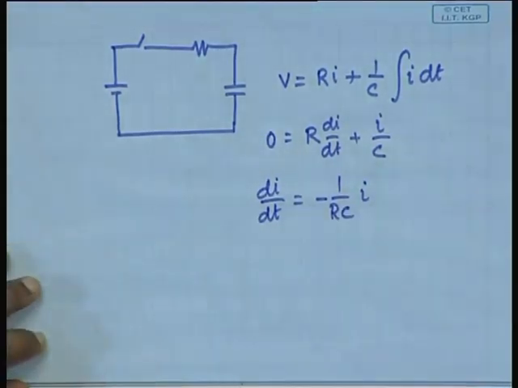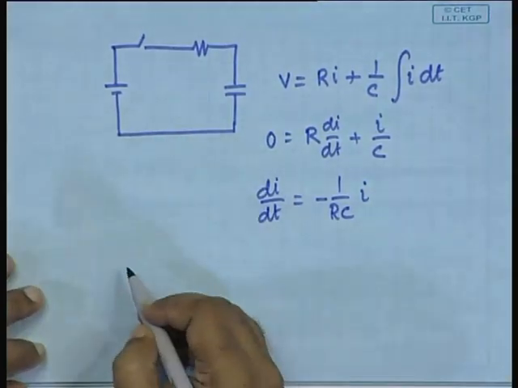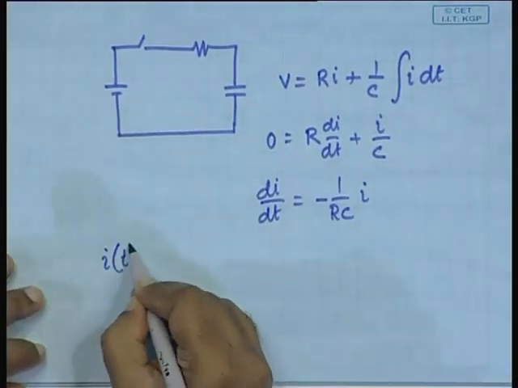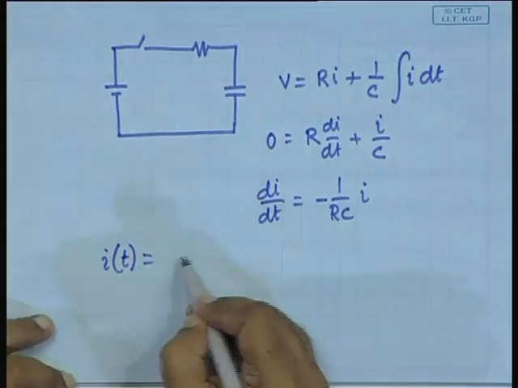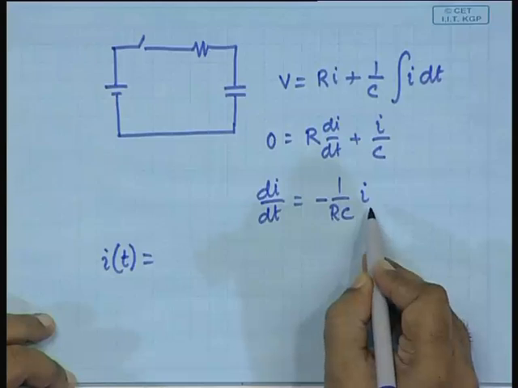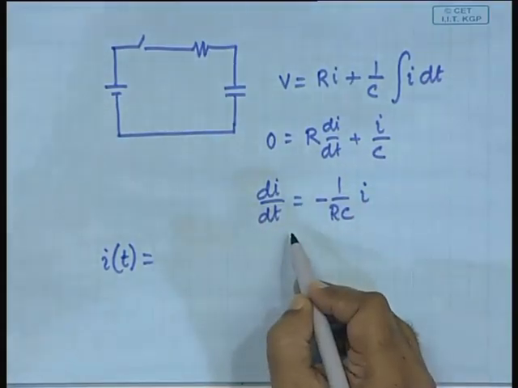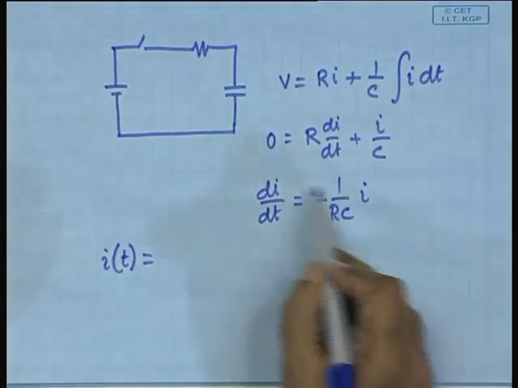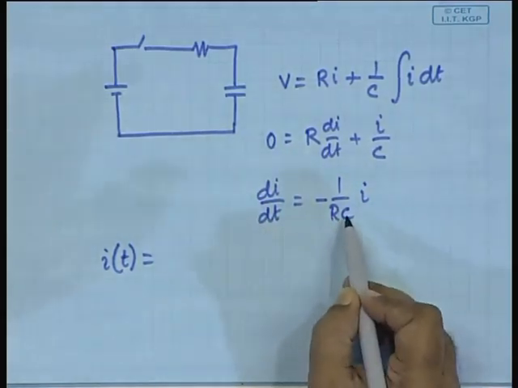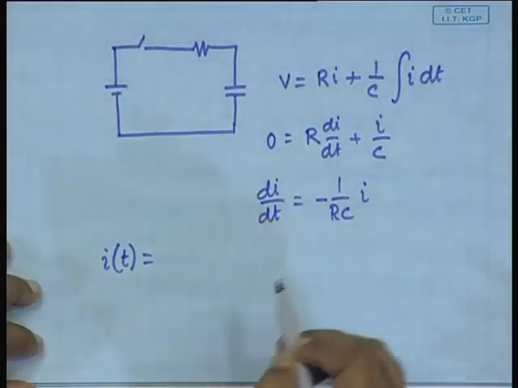Now, in the same way, if you obtain the solution, it will be I of t is equal to some initial condition. Remember that it has already come in an x dot is equal to a x form without the additional term. Why? Because we have obtained in terms of I. If you obtain in terms of the voltage, it will not come in that form. So, this is convenient.